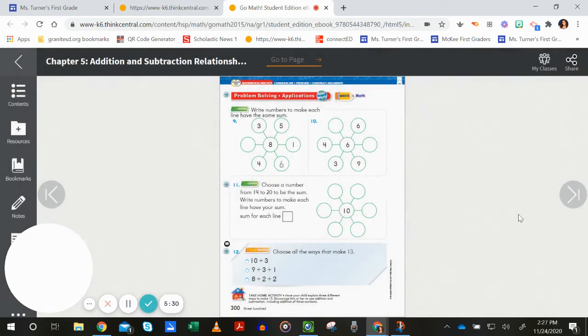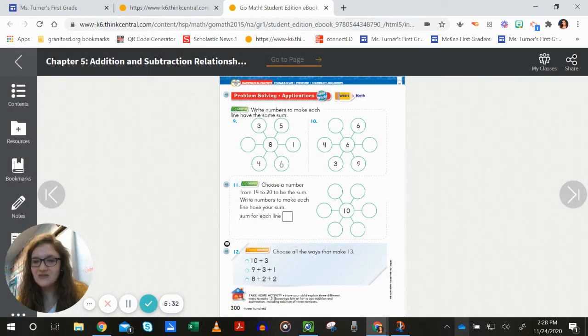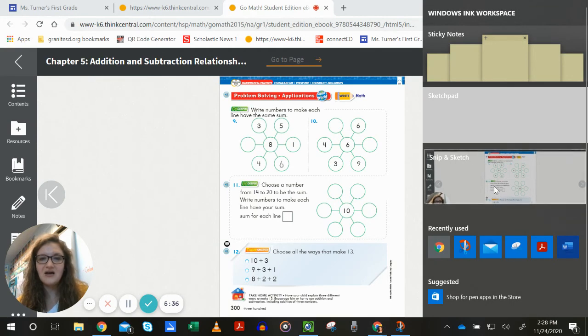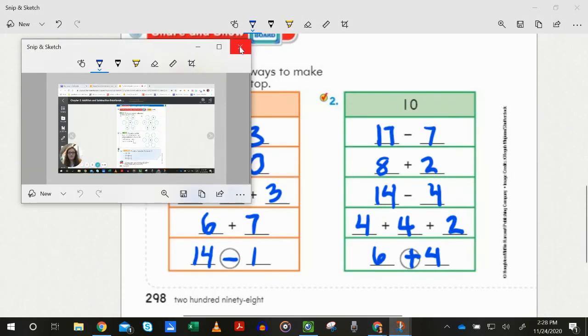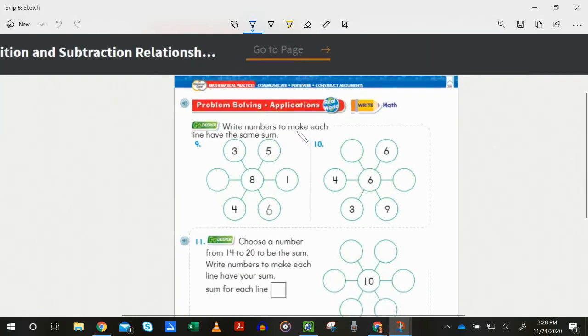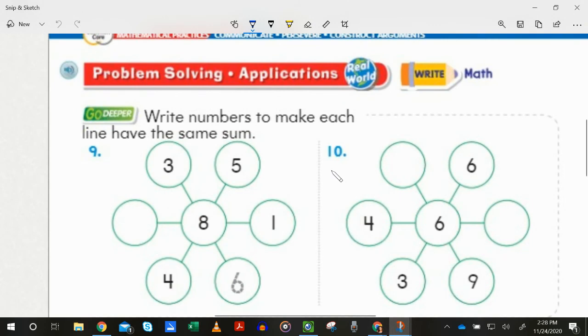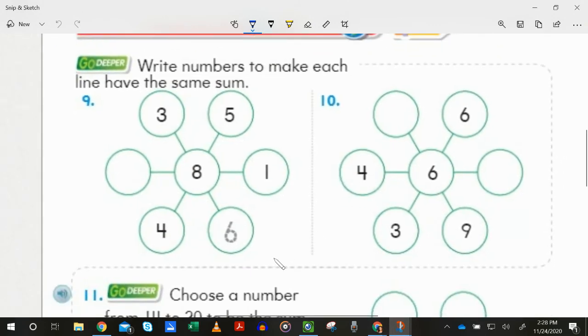Let me show you. This is what these puzzles look like, and I'm going to get it so I can draw on that as well. Okay, so here we go. Now here we have kind of a number web, and we want to do it kind of like tic-tac-toe, 3 in a row. So I can see 3 numbers in a row right here.